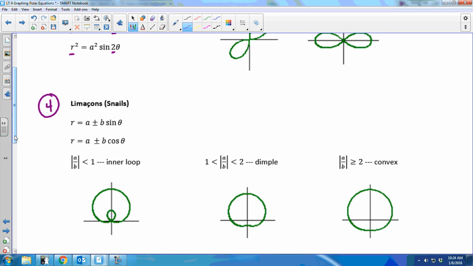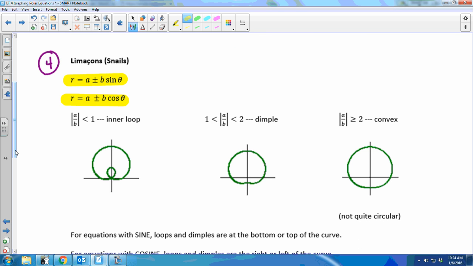You have limaçons, or snails. These have a plus or minus sign in them. So you have some number plus or minus sine or cosine. Now, you get lots of different shapes with these, so it's important to look at what a divided by b would be to decide what it's going to look like.